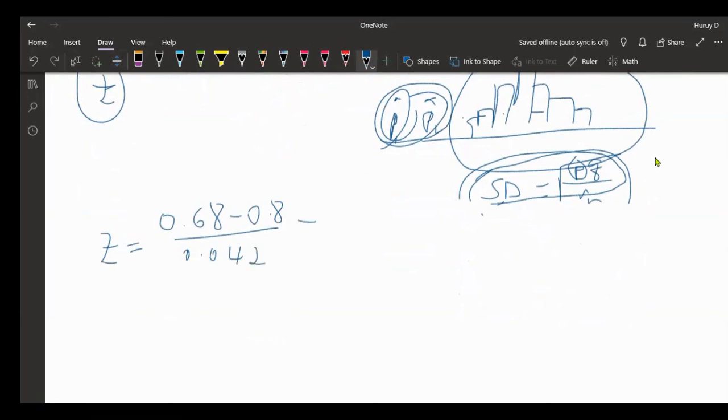If we calculate this, I guess it is a negative number. 0.68 minus 0.8 divided by 0.042. I got negative 2.86.